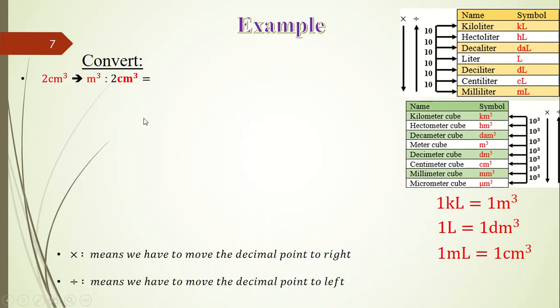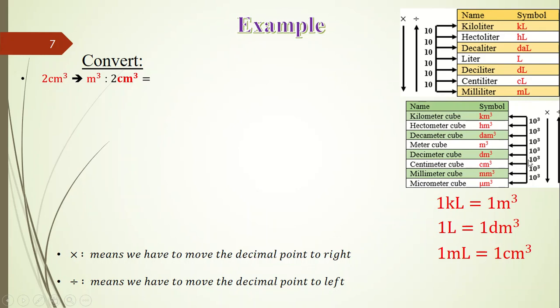Okay? For example, if we have 2 centimeter cube and we want to convert from 2 centimeter cube to meter cube, we'll use the second table. Here is the centimeter cube. Okay? Meter cube is here. So if we want to convert from centimeter cube to meter cube, we are going upward, so we have to divide. Divide by what? We simply count the zeros.